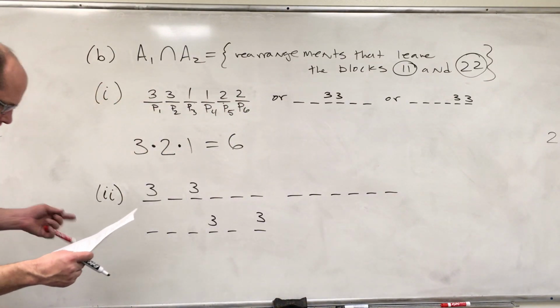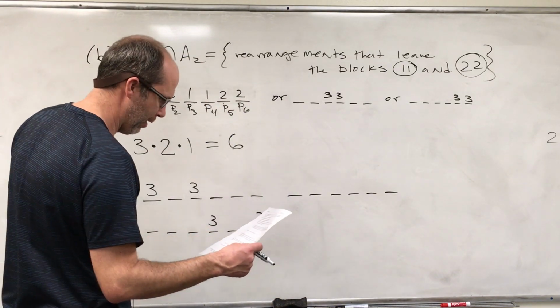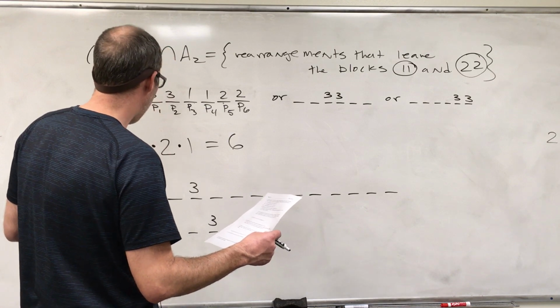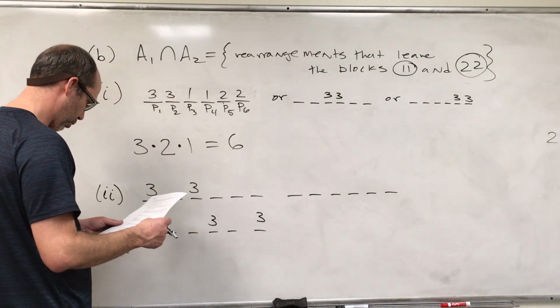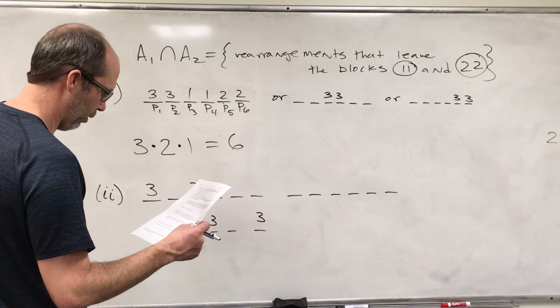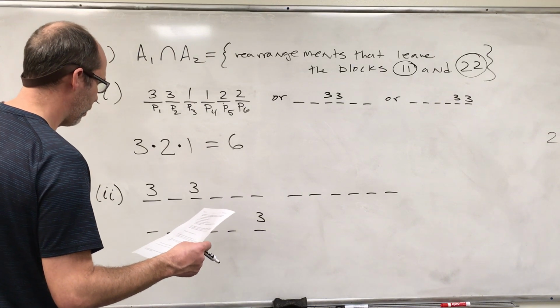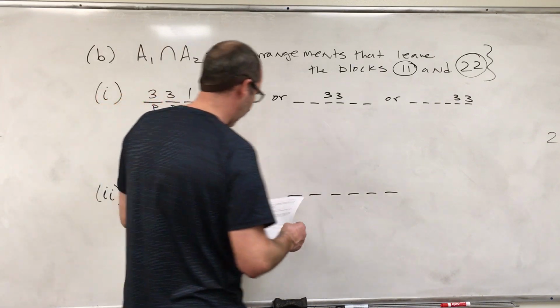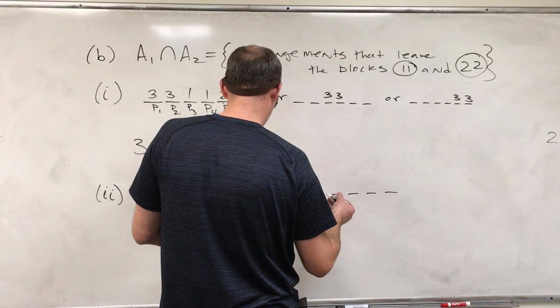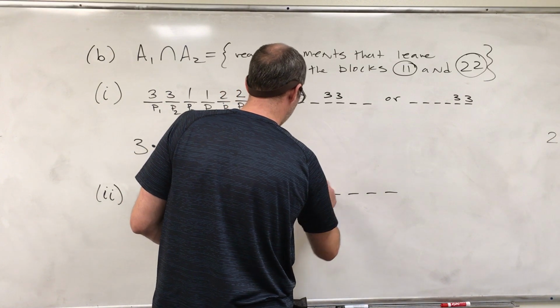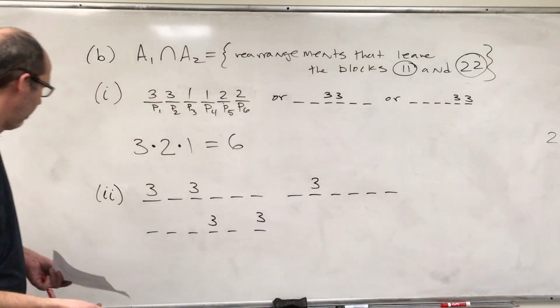Let's see, the hint, notice that the 3's are not next to each other. Neither of these 3's can occupy the second and fifth position. So you put a 3 there, then we have a problem again.